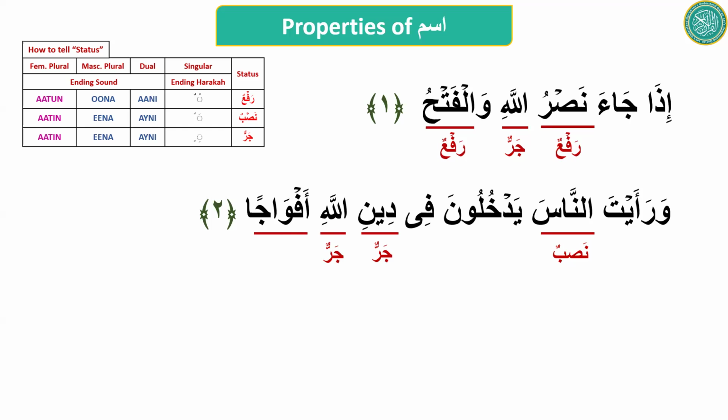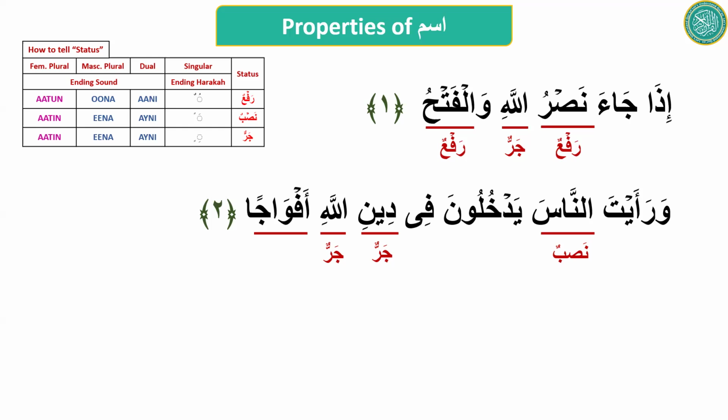Everybody listen. Afwajan is not a singular word. It is a plural word, but it is not ending with una or ina, and it is also not ending with atun or atin. So what does it mean? It means there are other plurals who do not have the ending sound una, ina, or atun or atin, but they are still plurals.